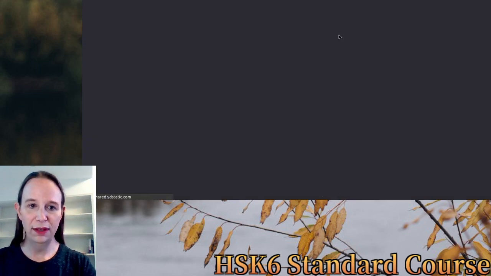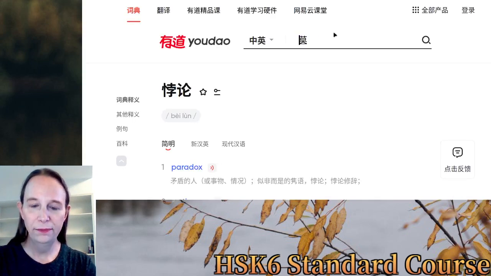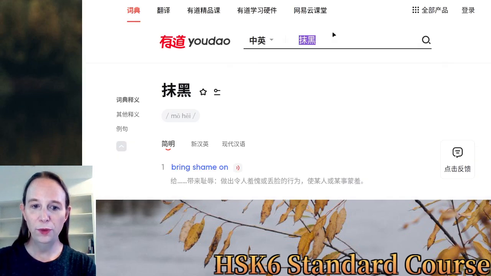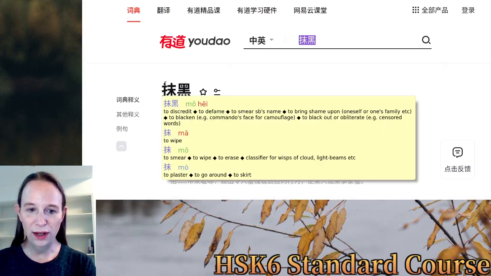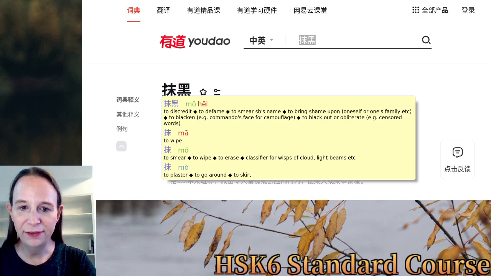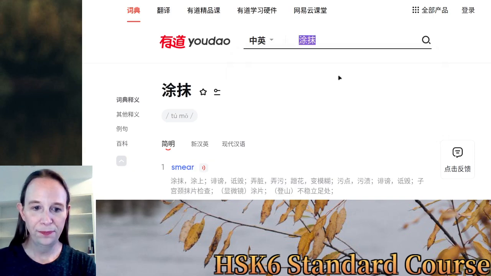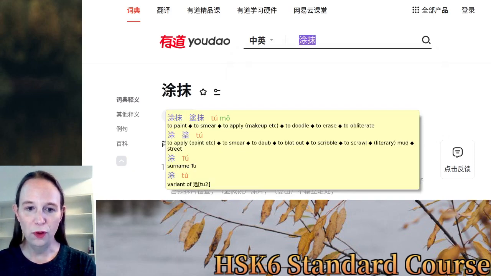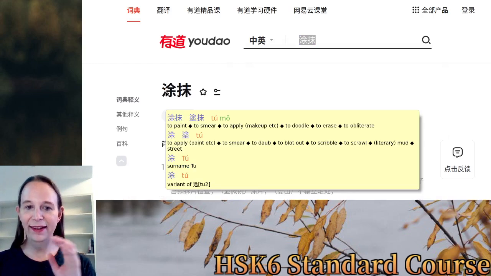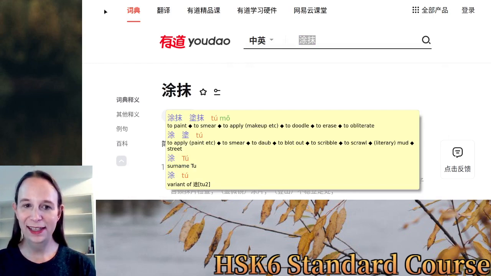Do you know the word 抹黑? 抹黑. Oh, so it's the same 抹. Okay, so 抹黑. So what is 抹 by itself? Smear. 涂抹, paint, smear. Okay, so this 抹 is smear.